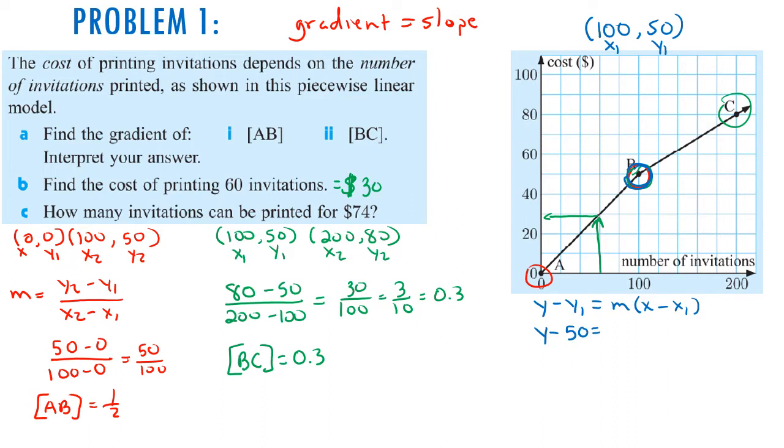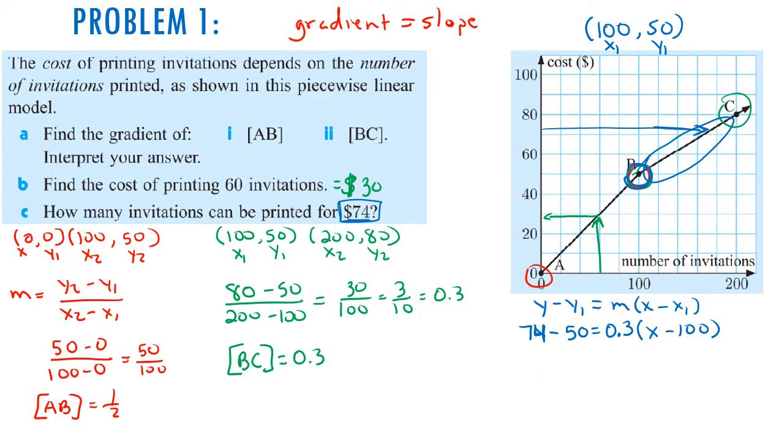Since the cost is $74, it's somewhere in this section, so I'll be using the slope for BC, which is 0.3, times x minus my x1, which is 100. They did tell us what the y is. It's $74. So I'm going to replace this y with 74.